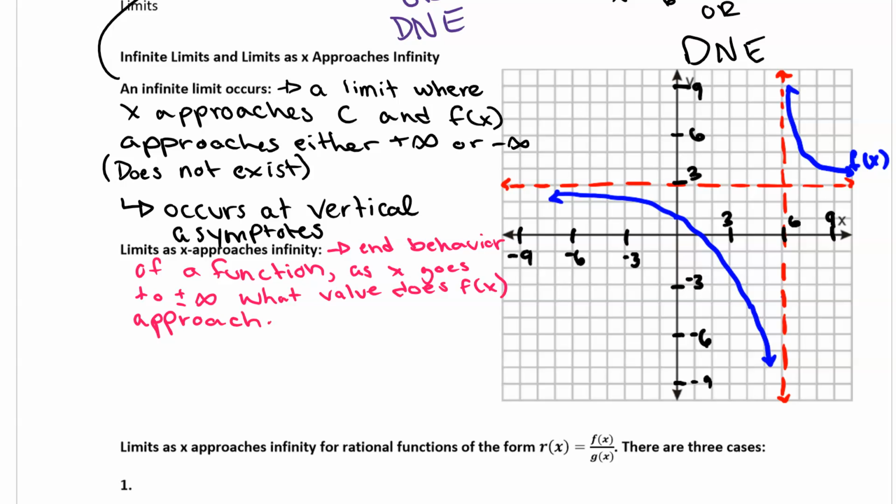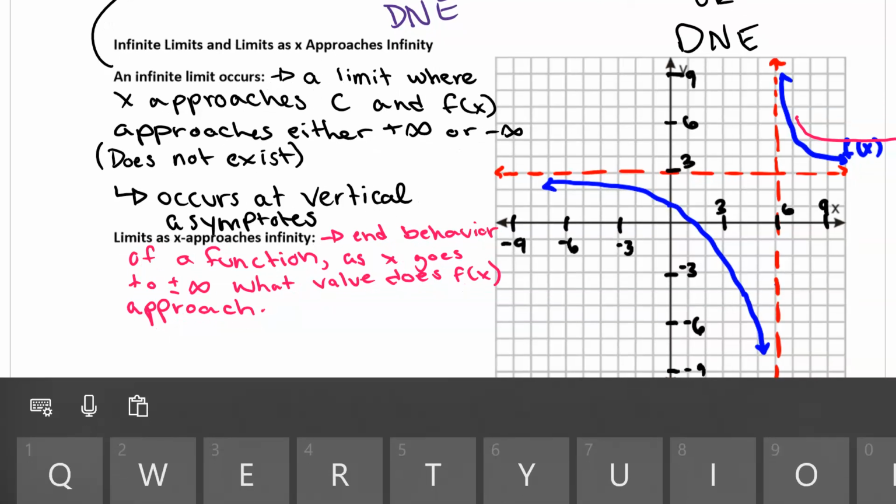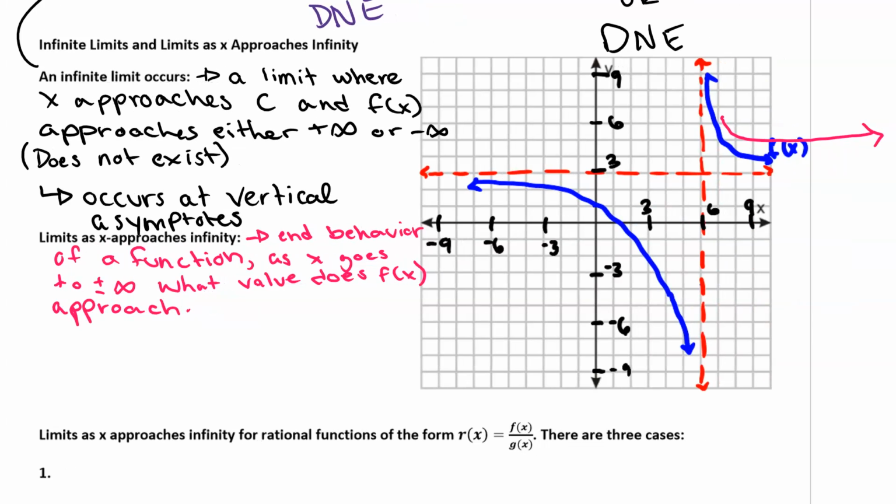This is a little bit different because instead of it being a finite value, we're going to look at the limit as x goes all the way off our graph in either direction. So for example, we could look at the limit of f of x, this graph on the left, as x approaches positive infinity, and that would be that pink line I drew there.